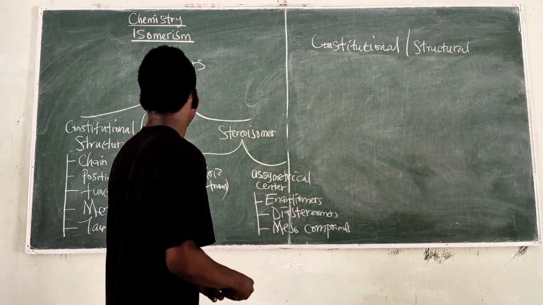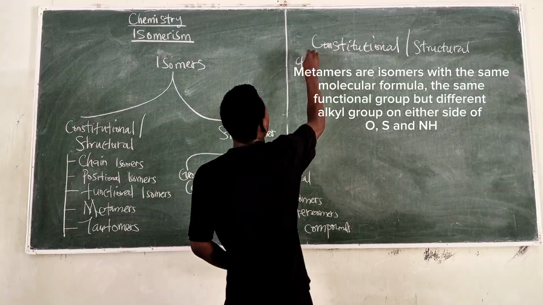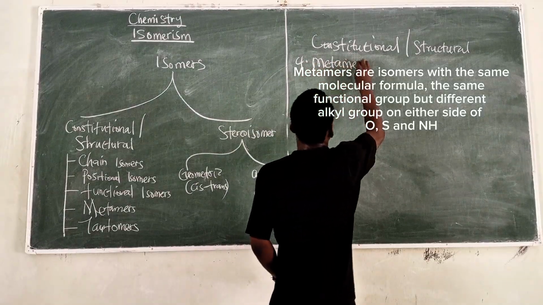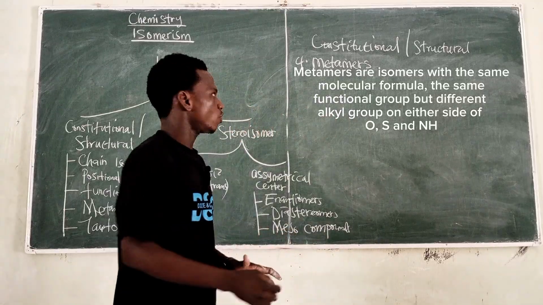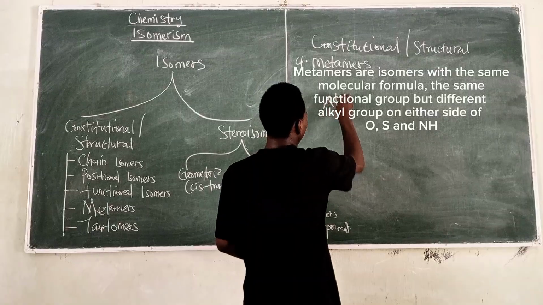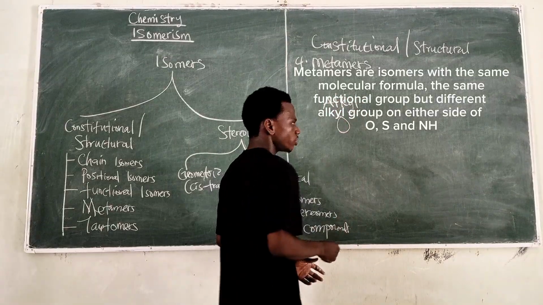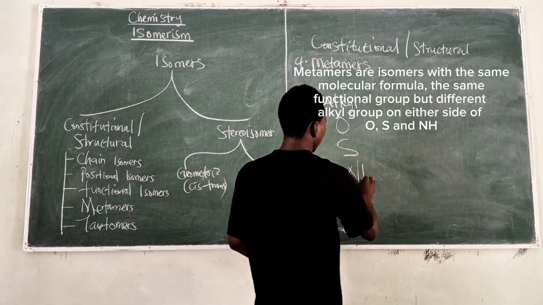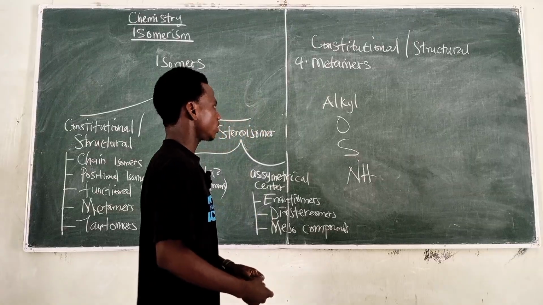So metamers are isomers with the same molecular formula, the same functional groups, but different positions of alkyl groups on both sides of oxygen, sulfur, or NH, indicating the nitrogen, which is amines.